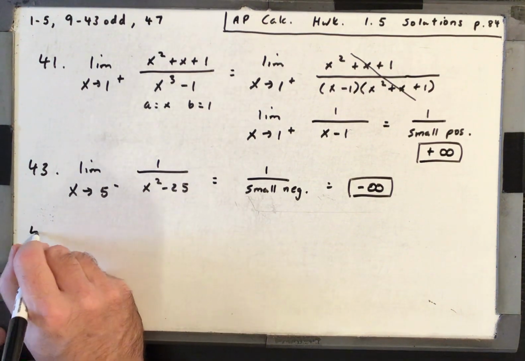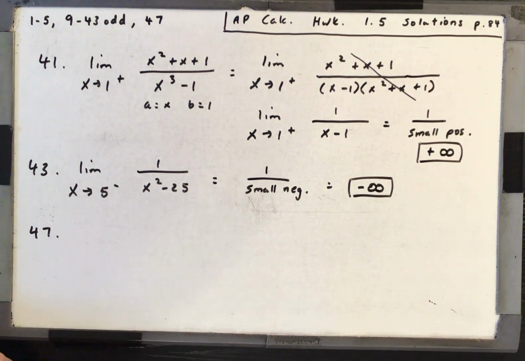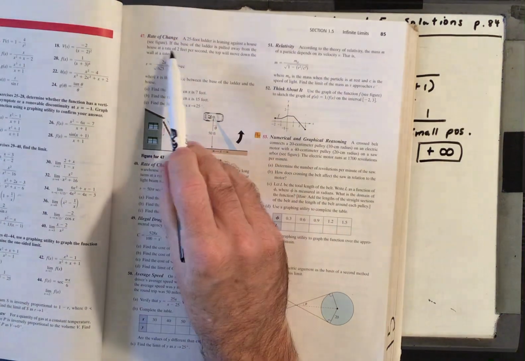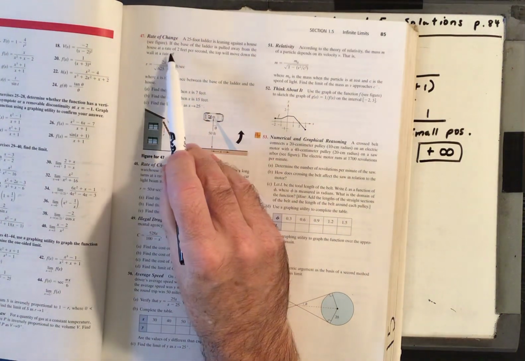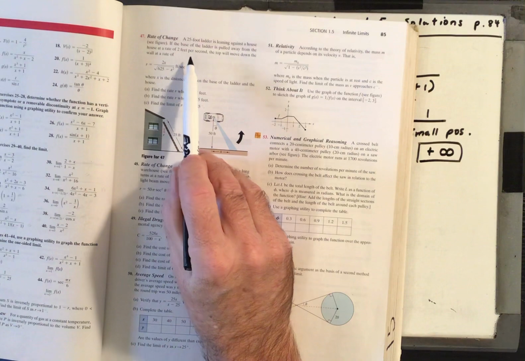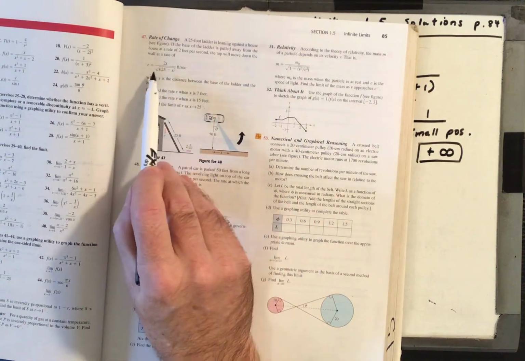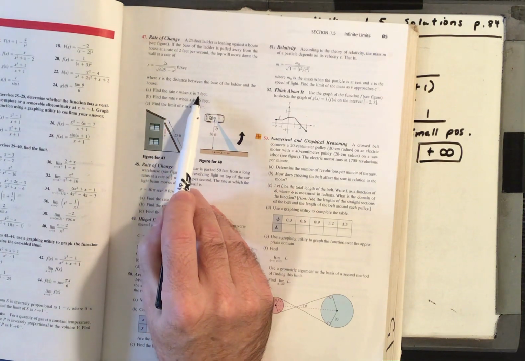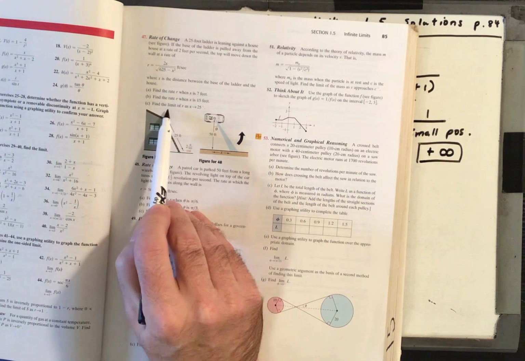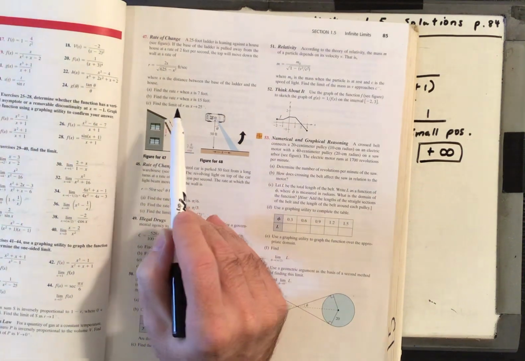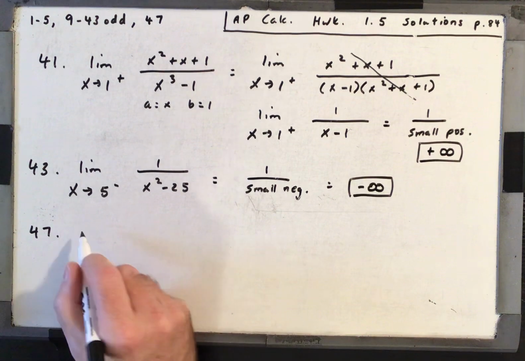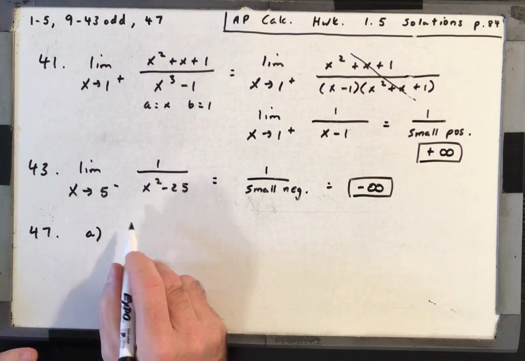And so number 47, and this is the last one here. So we have a 25-foot ladder leaning against a house. If the base of the ladder is pulled away from the house at a rate of 2 feet per second, the top will move down at a rate of, and we have this equation here. Find the rate when x is 7, when x is 15, and then find the limit as x approaches 25 from the left. Well, for A, you're just plugging in 7.